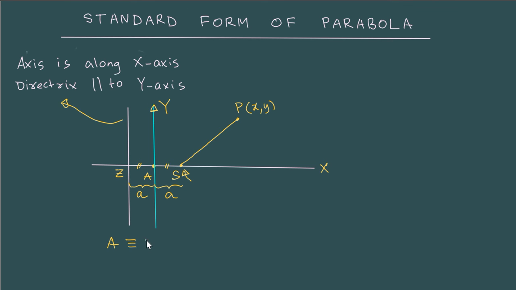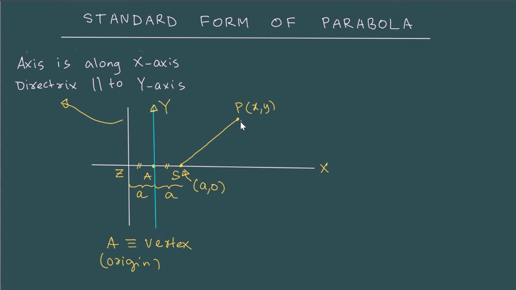So A has coordinates (0, 0), and the coordinates of S are (a, 0). So we can get the distance between S and P using the distance formula.